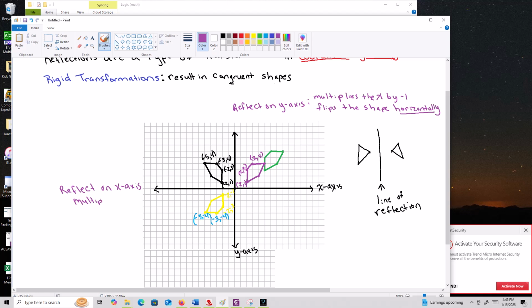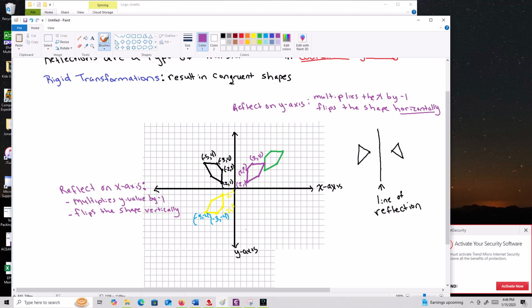This multiplies the y value by -1, and it flips the shape vertically. All right, so understand those two things happen, and that is the difference between how the shape will look if you reflect on the x-axis versus the y-axis.